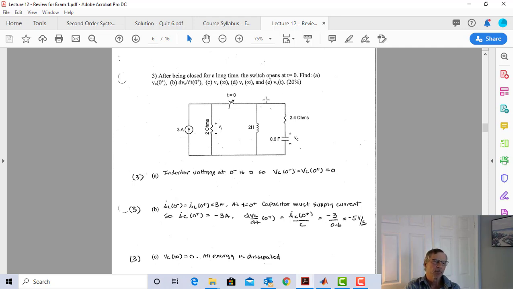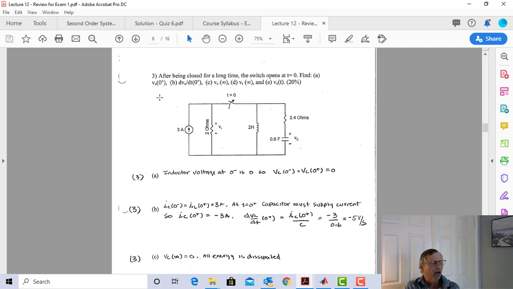So at 0 minus, I have 0 plus 0 times the resistance. So I got 0 here at t equals 0 minus. So that means my capacitor voltage at 0 minus is going to be 0. So VC at 0 plus is also going to be 0 because I can't change the voltage across that capacitor quickly.